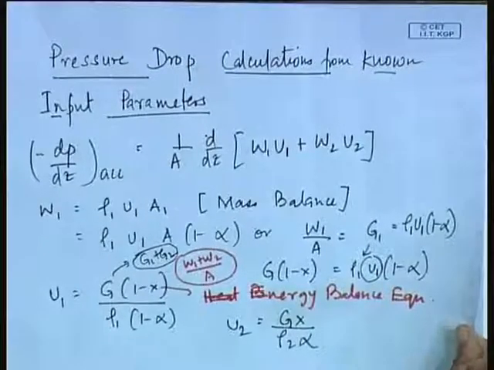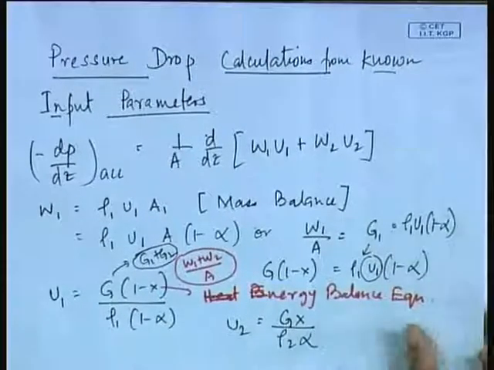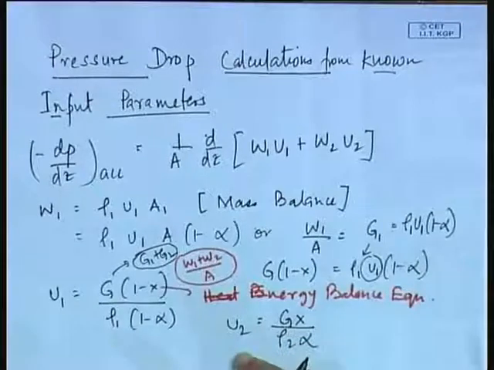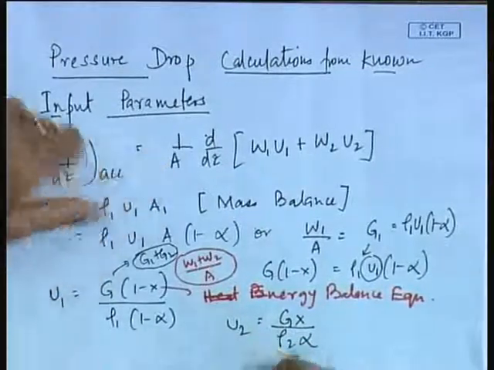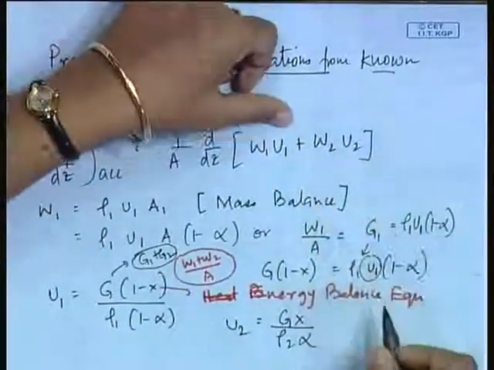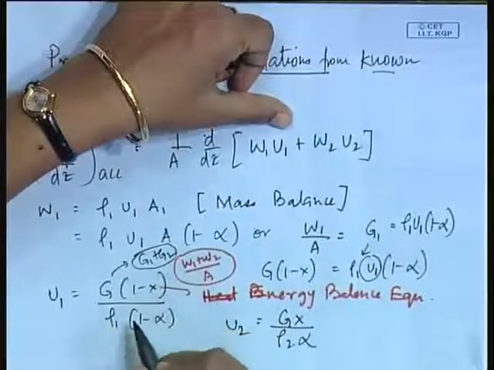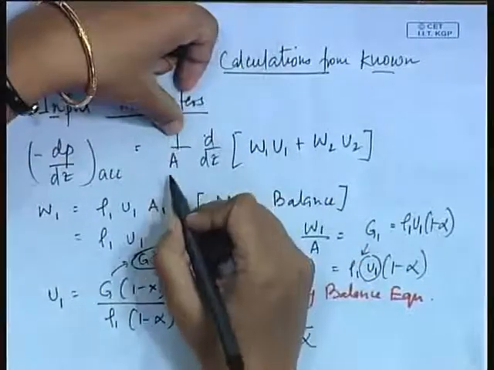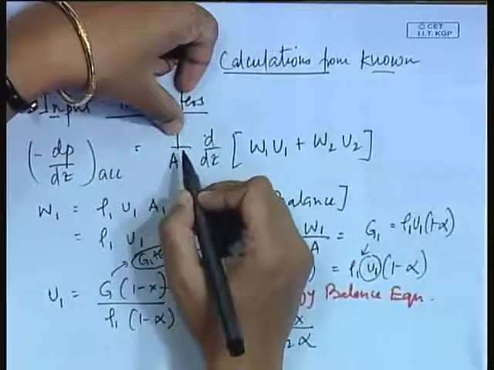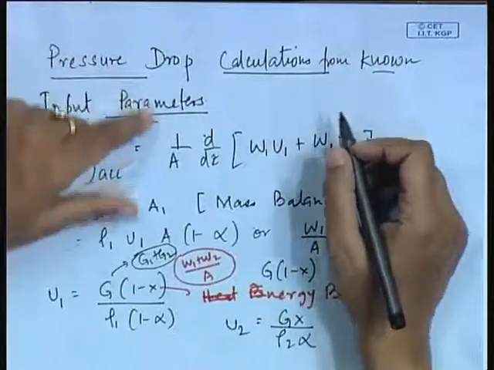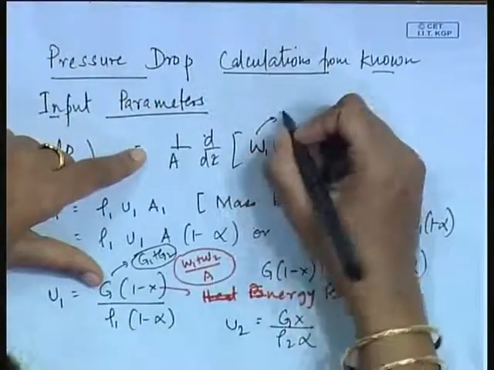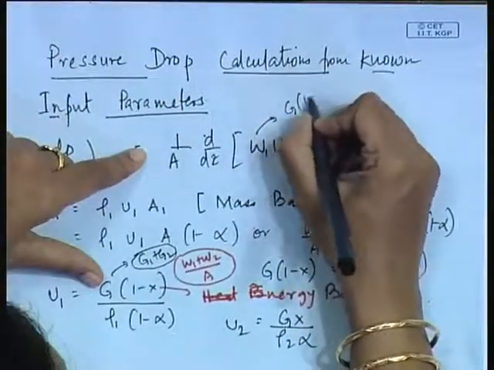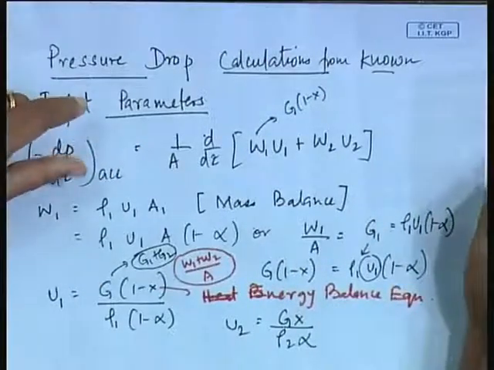Okay. Now, if we substitute these two here, if we substitute u1 and u2, okay, just see. So, for u1 we get G into 1 minus x by rho 1 into 1 minus alpha, isn't it? W1 by A, that is also G into 1 minus x, isn't it? So, what we can do is this W1 can be written down as W into 1 minus x, correct.